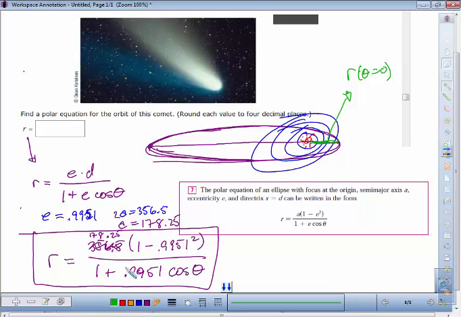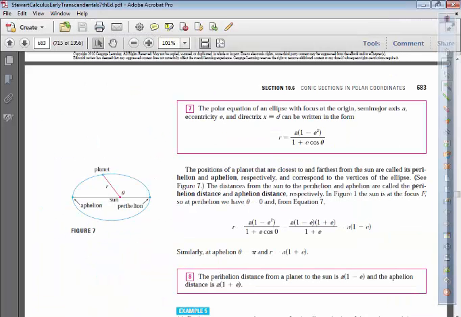Okay. Well, another way to do this is they have another formula in the book. The perihelion distance from a planet to the sun is equal to this, and the aphelion distance. So the perihelion distance is the closer distance, and the aphelion distance is the farther distance.